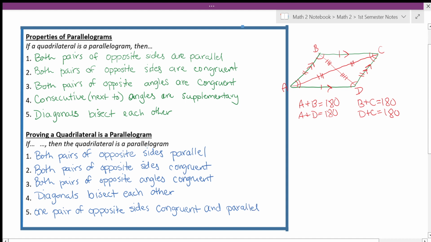Then we can state that it is a parallelogram. So we'll recognize, you guys, that the 4th property of a parallelogram, that consecutive angles are supplementary, is not one of the properties that we can use to prove that quadrilaterals are parallelograms.